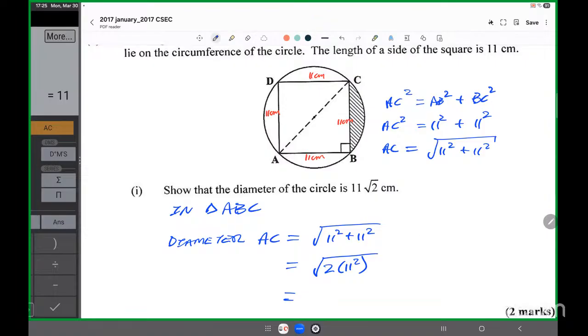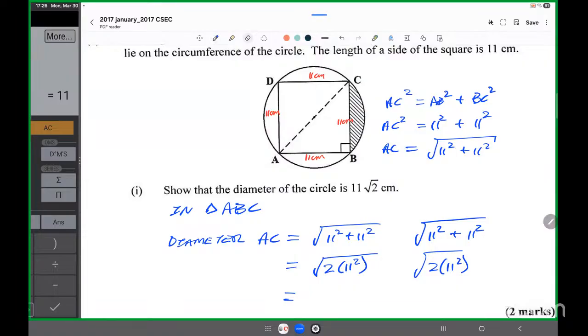Suppose this was the square root of A plus A. Wouldn't that be the square root of 2A? So let's change this A to 11 squared, and this will become 11 squared too. See now? It's two of them. It's two 11 squareds that we're adding. So 11 squared plus 11 squared is 2 times 11 squared, right?